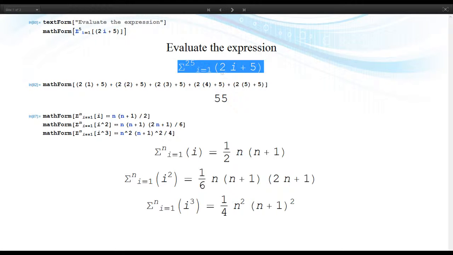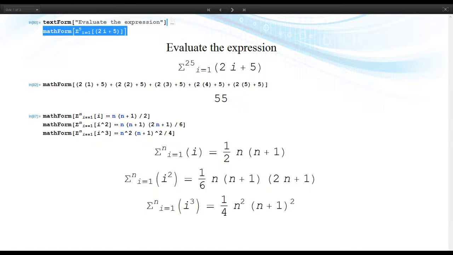Now, this expression here has i's and constants in it. So if I'm going to rewrite this expression using these formulas, I can rewrite it like so. So I have 2 times i, so that's 2 times my formula for i.